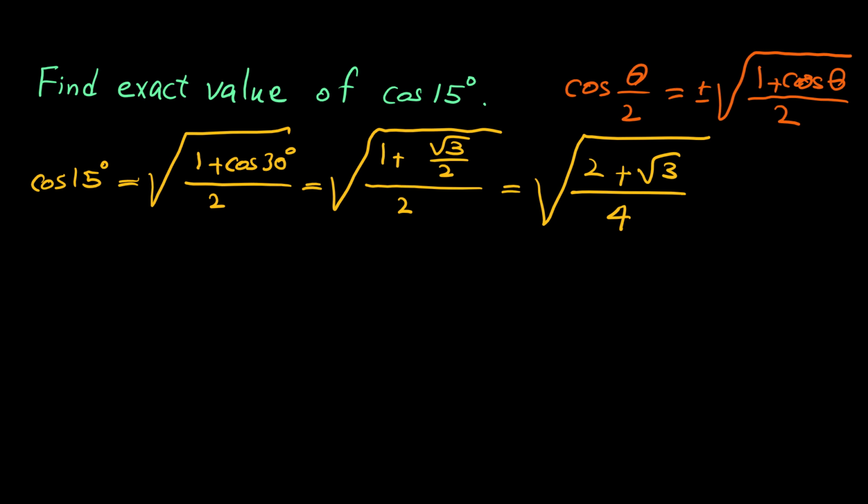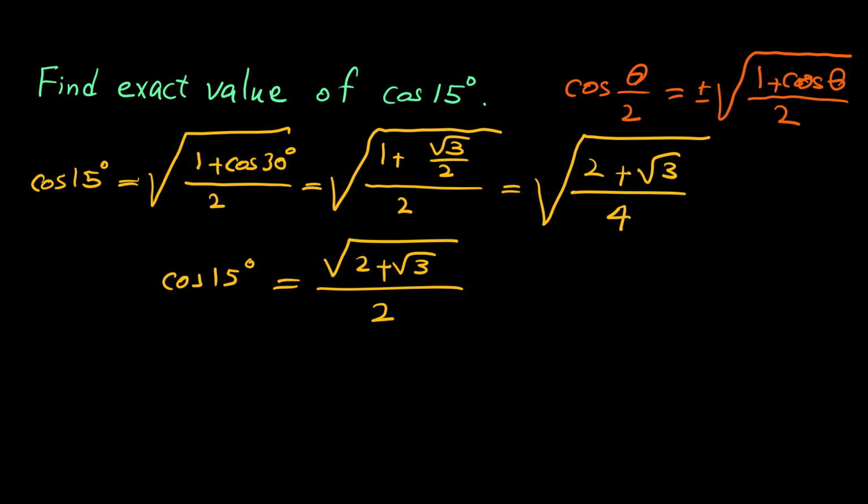And we can write this in the form of: cosine of 15 degrees is radical 2 plus radical 3 all over 2, because the square root of 4 is 2.